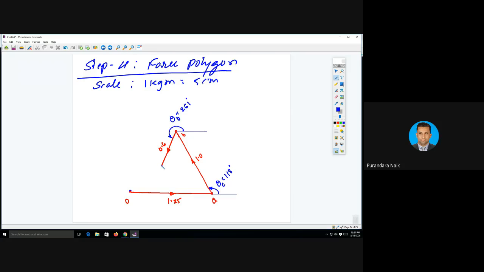So after reaching this point C, now the couple polygon must be closed for the balancing of the rotating masses. You need to join point C with the first point with a dotted line, because it is an unknown mass.